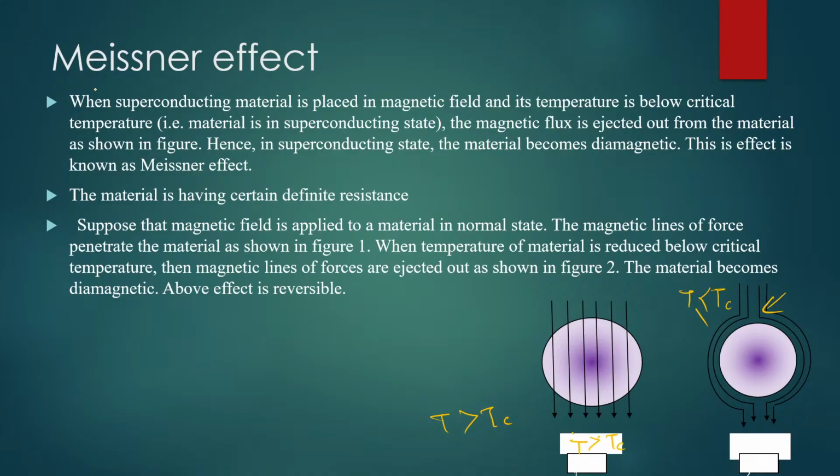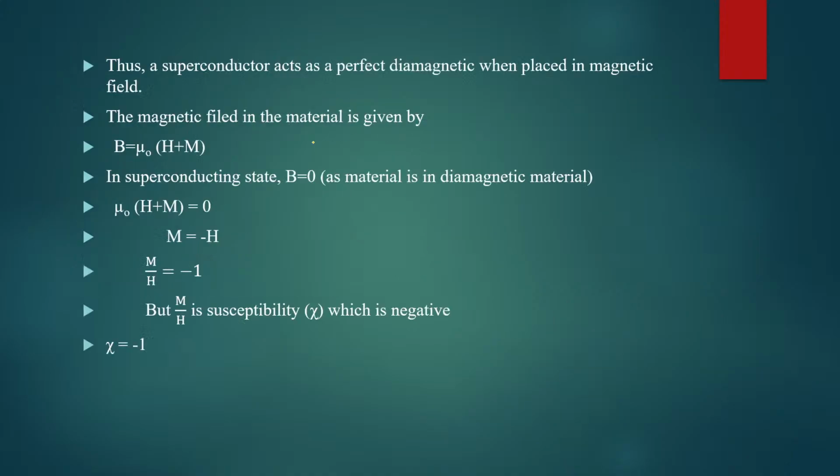So you have to write the whole definition, this figure, and this equation B equals mu times H plus M. In the superconducting state, the magnetic field is not going inside the material, so you can consider B equal to 0. Then M is equal to minus H, or M by H is minus 1.